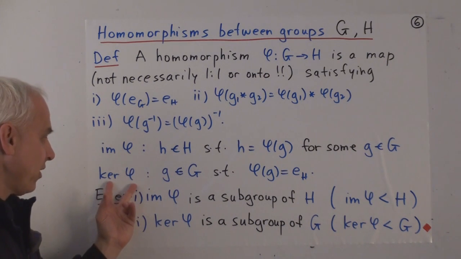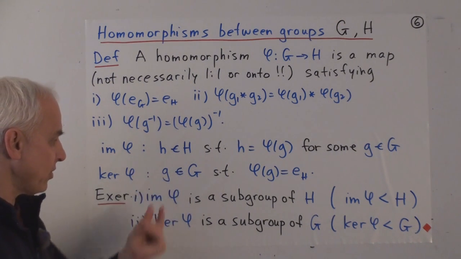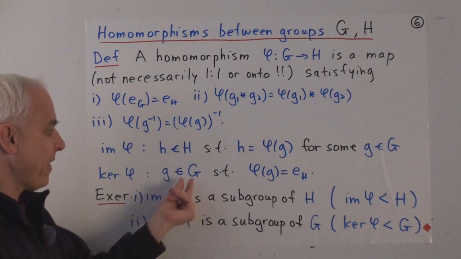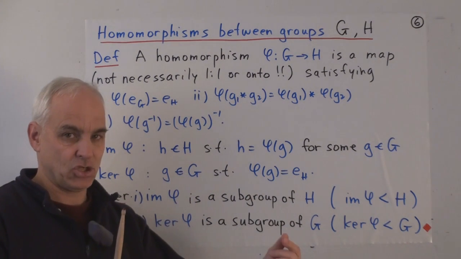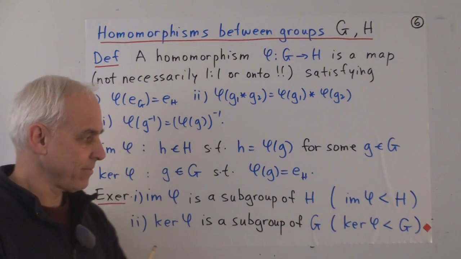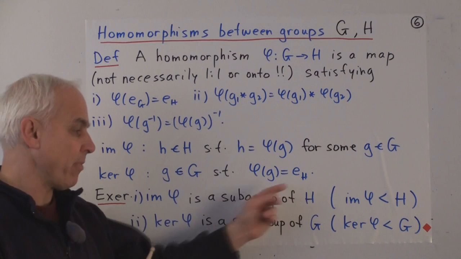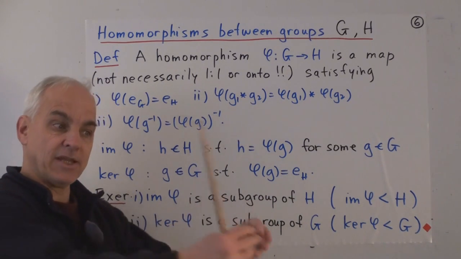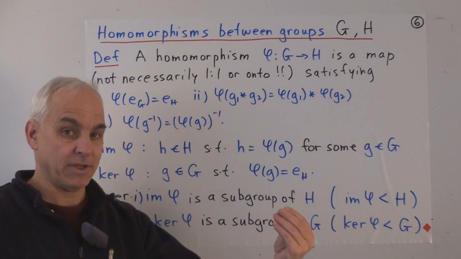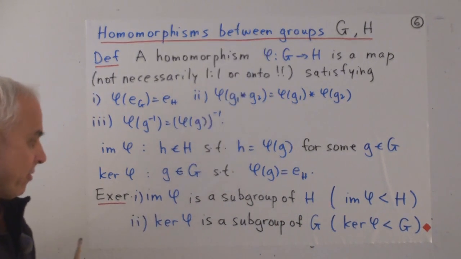While the kernel of phi consists of those elements g in G that have the property that they get sent to the identity in H. So certainly we know that the identity in G has this property, but there very well might be other elements in G that get sent to this single special element in H. That's called the kernel of the homomorphism.